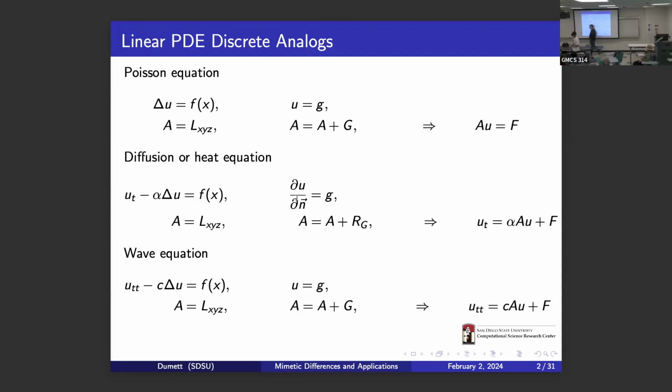So, suppose we have one of these simple equations: the Laplace or potential equation, the heat equation, and the wave equation. And the equation is given with a certain boundary condition.